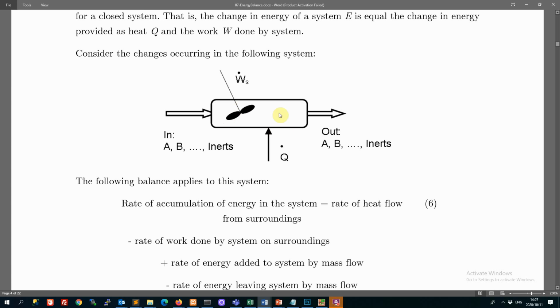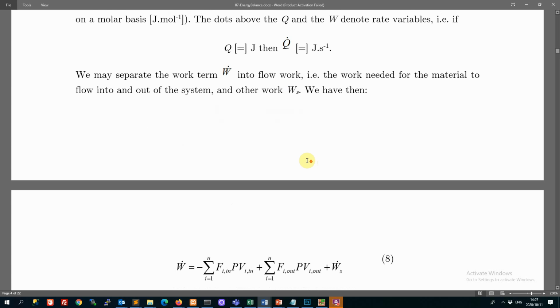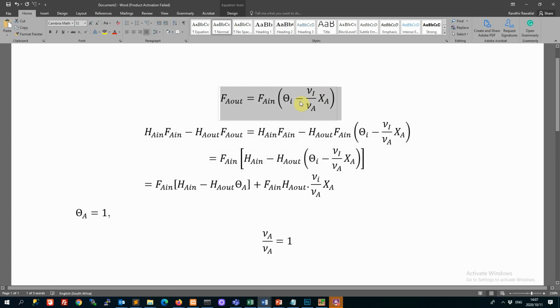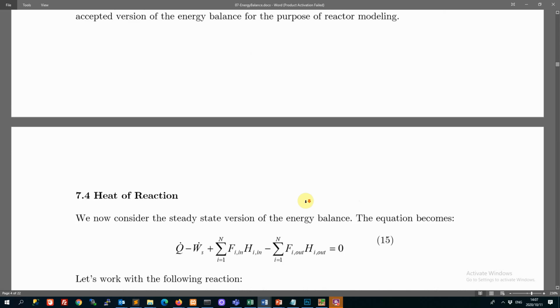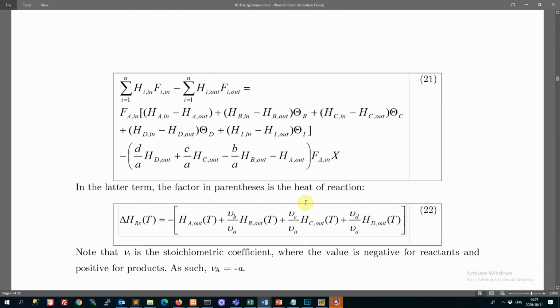There's another part to this which pops out when you account for the contribution by reaction. So in your mole balance, you've accounted for the reaction part of it here. And you can see that is showing up as a separate heat of reaction term. So that is how the heat of reaction arises. That's how it's integrated already into our overall accounting.